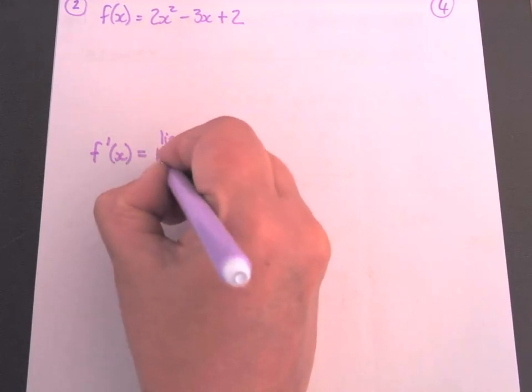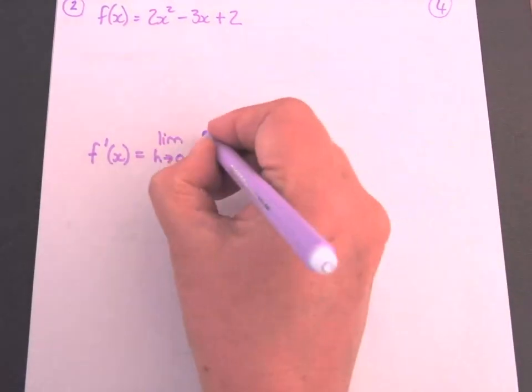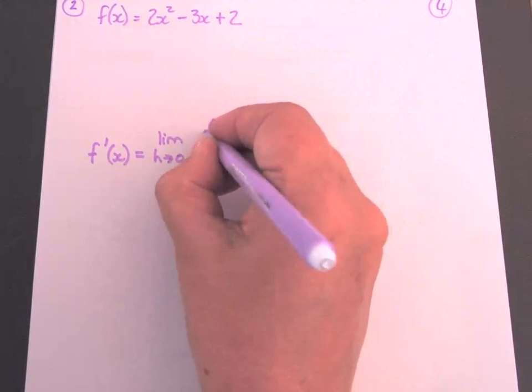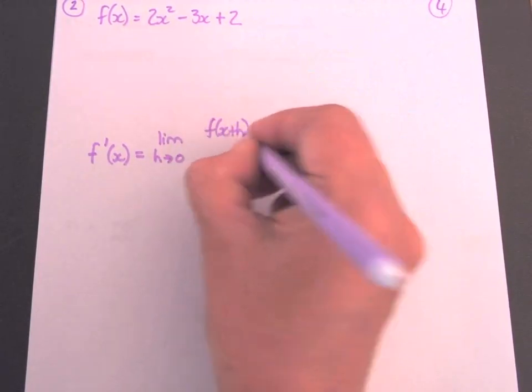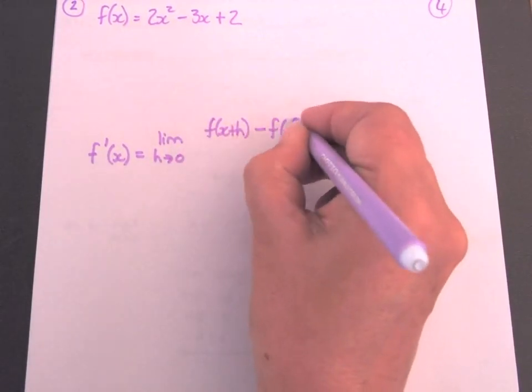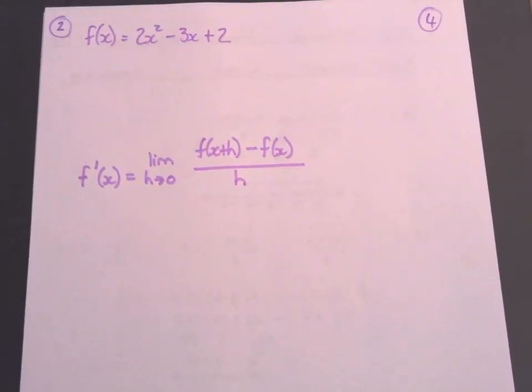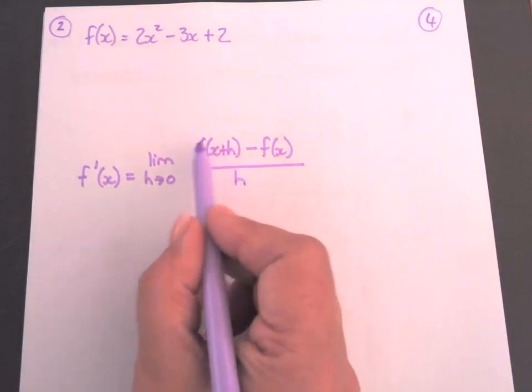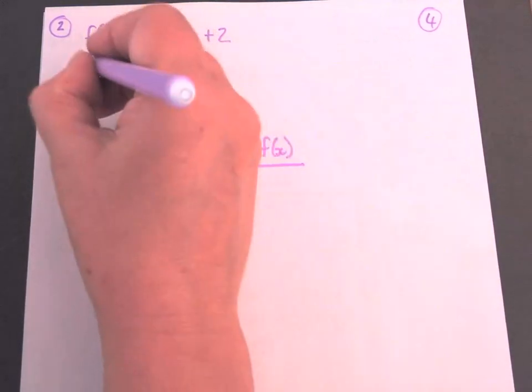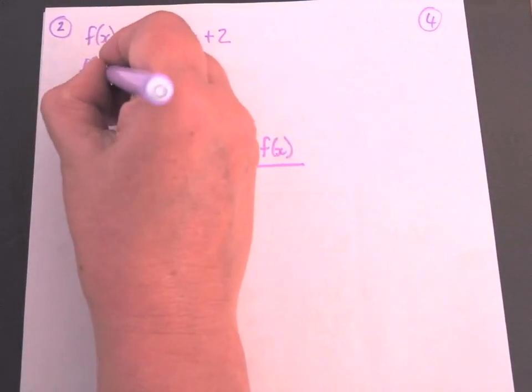Limit when h tends to 0 of f of x plus h minus f of x over h. I'm going to need this answer, so let's quickly work out what that is.